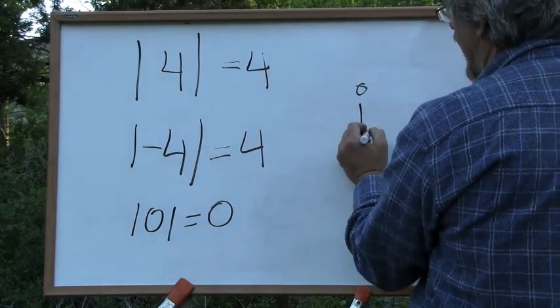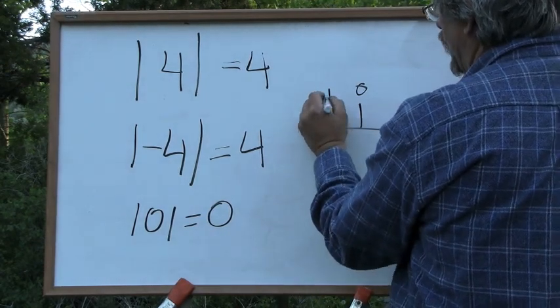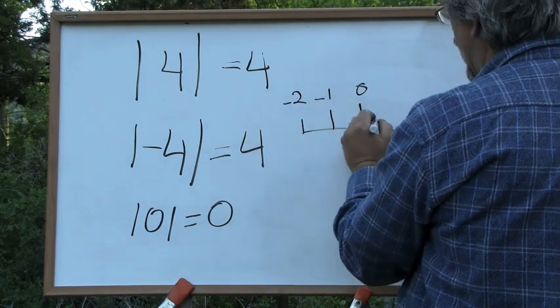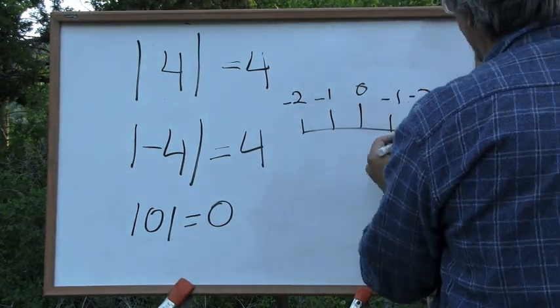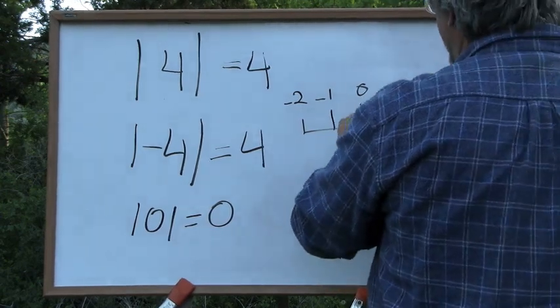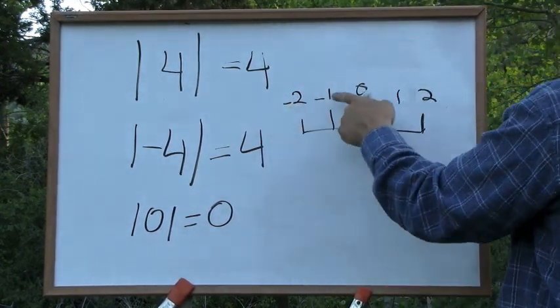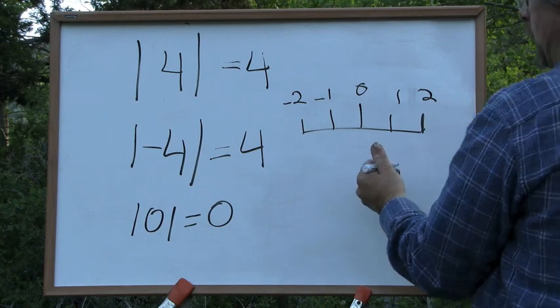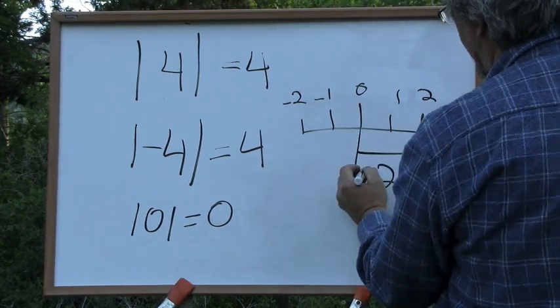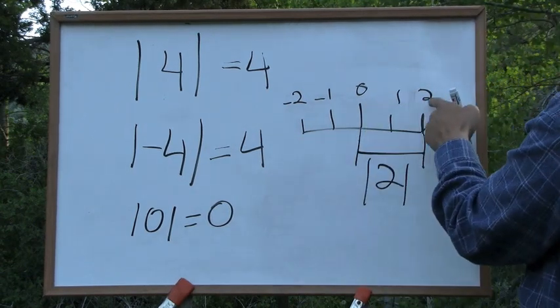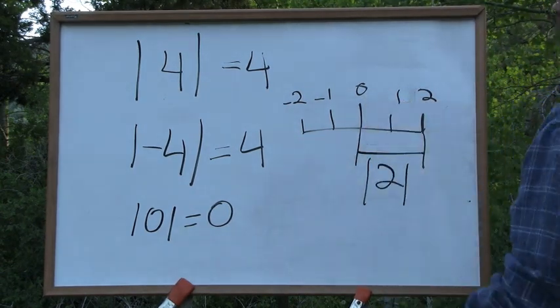And on the number line, I'll just do this with the first few numbers: negative 2, negative 1, 0, and then 1 and 2. The absolute value of 2 is just 2 spaces from 0.